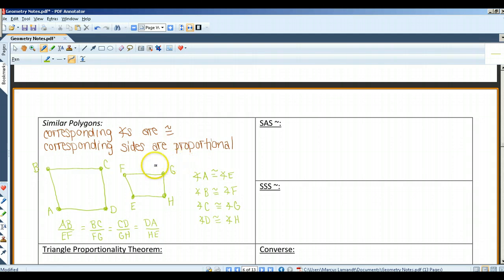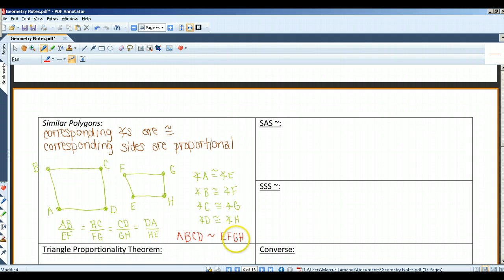So for example, in this diagram here, let me write this down. Quadrilateral ABCD is similar, this little symbol means similar, to quadrilateral EFGH.